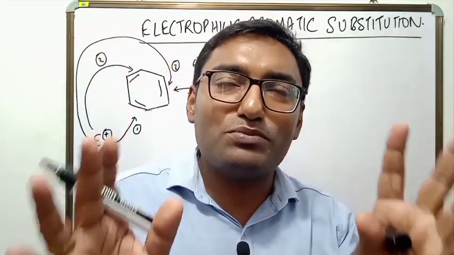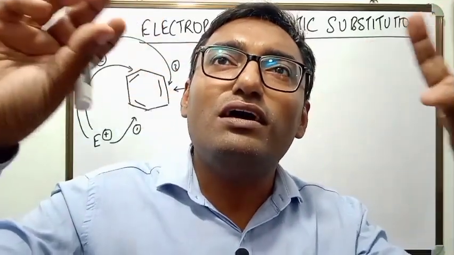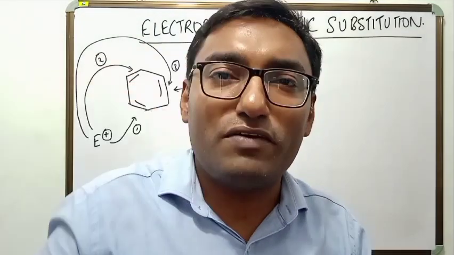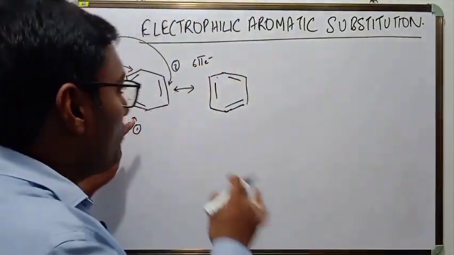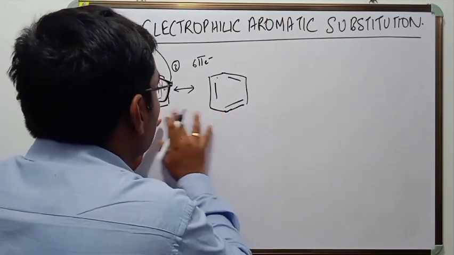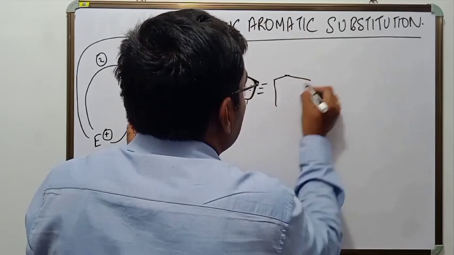Similarly, the overall structure of the benzene would be a combination of these 2 structures. That is, we get a structure like this.